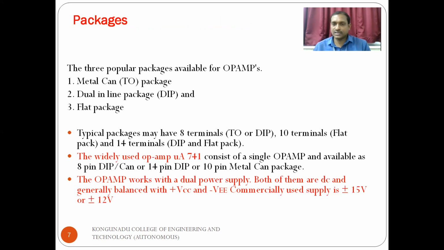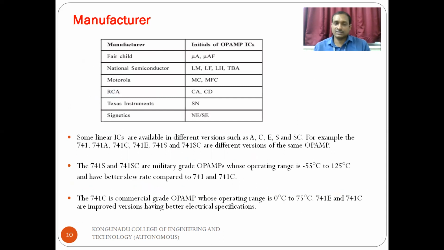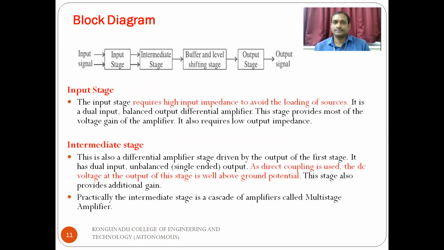These packages have different pin numbers: 8 pin, 10 pin, and also 14 pin packages. Manufacturers include Fairchild, National Semiconductor, Motorola, RCA, Texas Instruments, and Signetics. These are the famous manufacturers of ICs. Also IC741 has different versions available, and each and every version has specific applications.